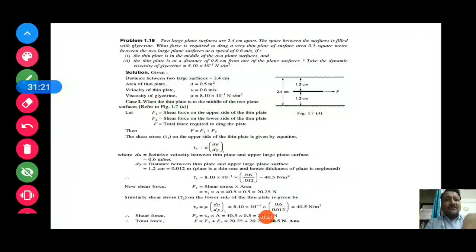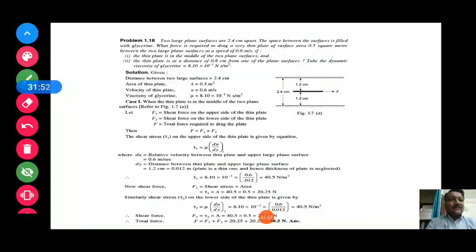Viscosity is also given. The viscosity of the glycerine is given directly in terms of Newton second per meter square, so take it as 8.10 into 10 raised to minus 1 Newton second per meter square.